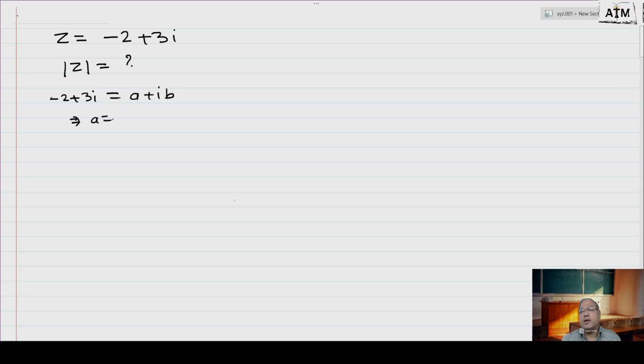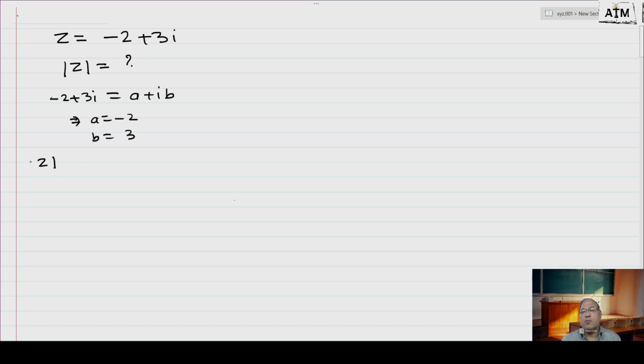Now the next example. Suppose z equals minus 2 plus 3i. Then what is the modulus of z? First of all, minus 2 plus 3i equals a plus ib, which implies a equals minus 2 and b equals 3.